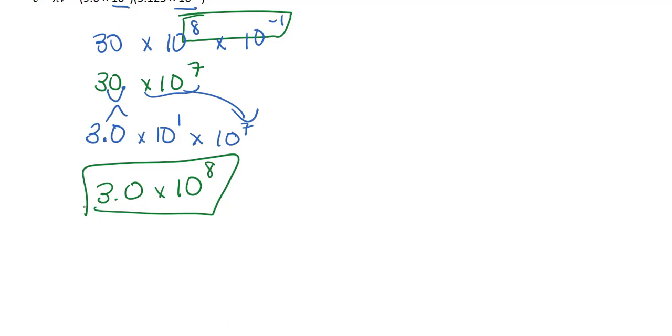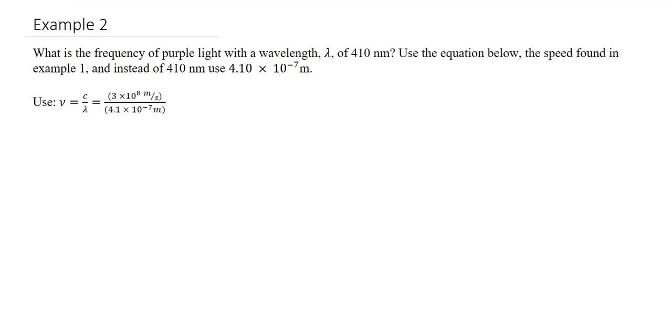Now let's do example 2. What is the frequency of purple light with a wavelength of 410 nanometers? So we're going to use the equation below, the speed found in example 1, and instead of 410 nanometers, we're going to use 4.10 times 10 to the negative 7. Just a quick thing, not that you have to know this: nanometers, the n, can be substituted as 10 to the negative 9.